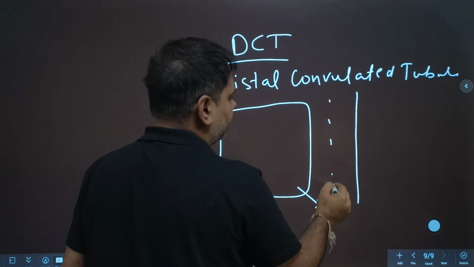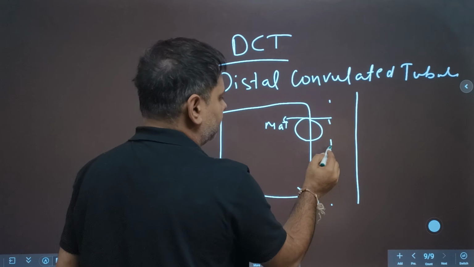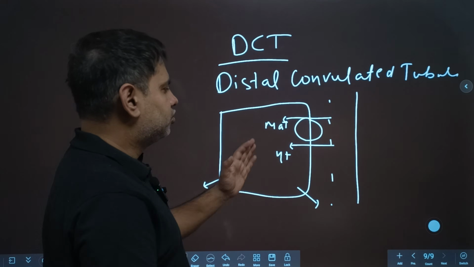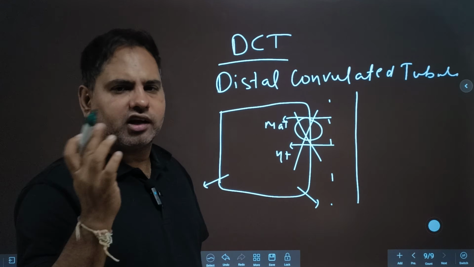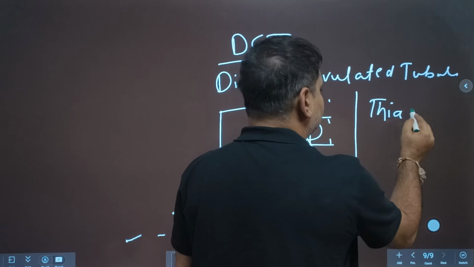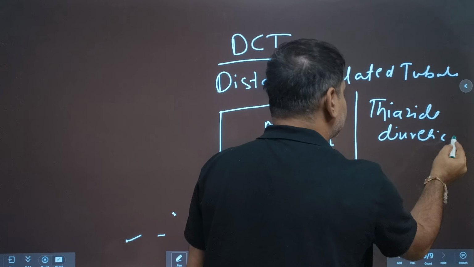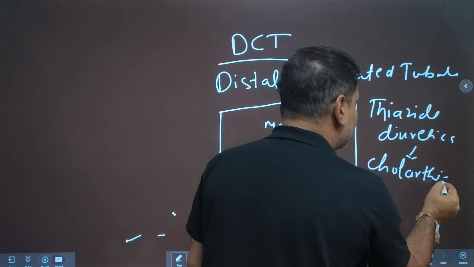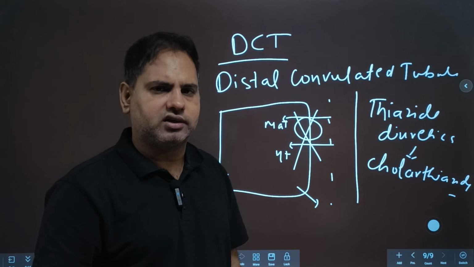The distal convoluted tubule again has ion channels: sodium, hydrogen, and potassium are also there. The drugs acting on these channels in the distal convoluted tubule we call thiazide diuretics. A drug under this category is chlorothiazide. There are many drugs under thiazides, right?